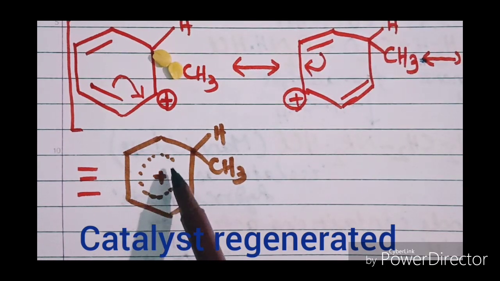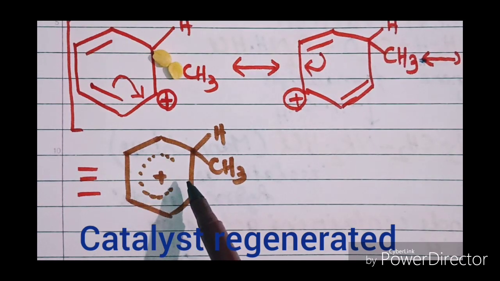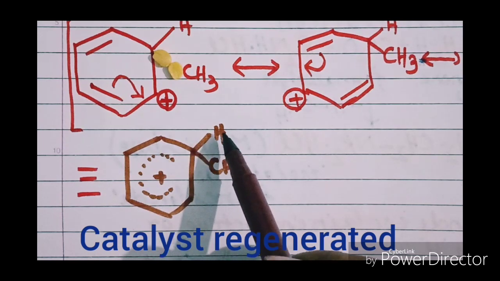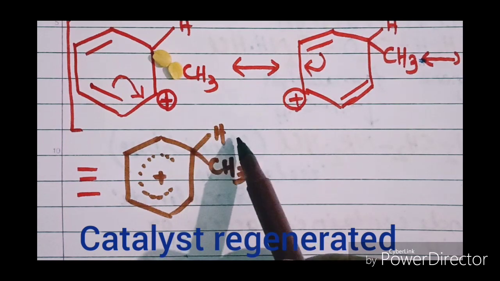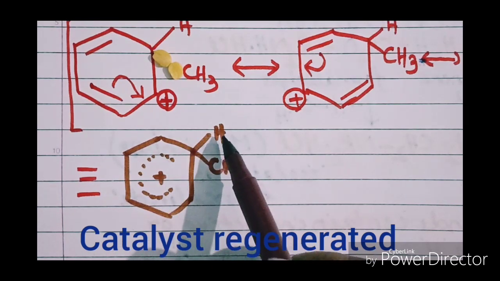Positive charge is present in the middle of the ring, and this resonance hybrid of this sigma complex will lose this H because this is an acidic hydrogen.